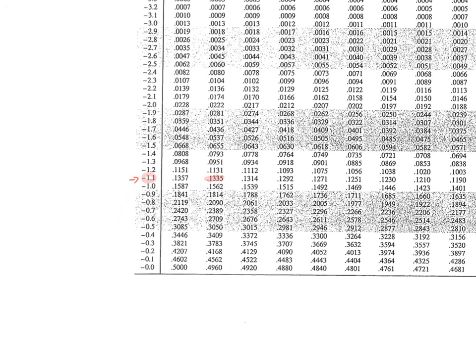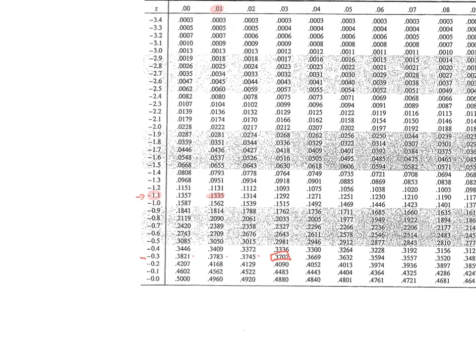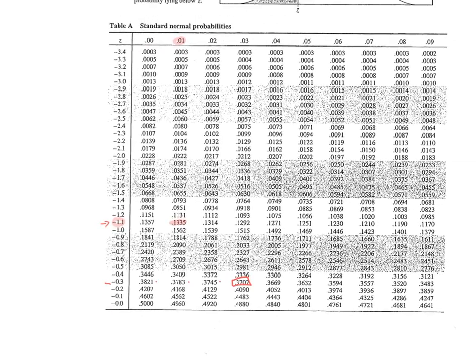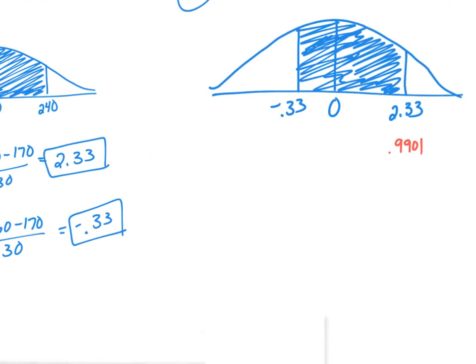So here's negative 0.3. So 0.30, 0.31, 0.32. Negative 0.33 is 0.3707. Just double check that. Yeah, 0.3707. So I've got to slide up here.